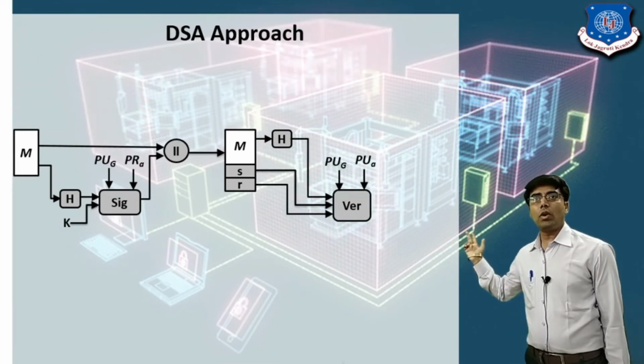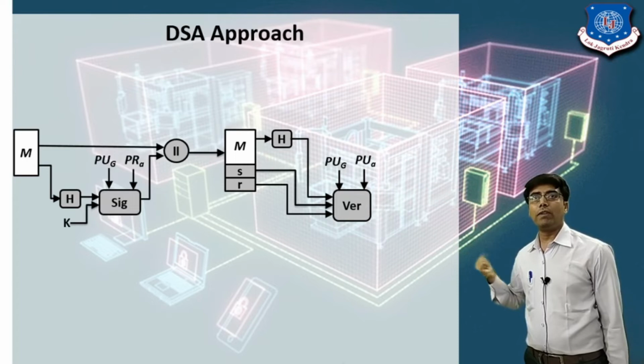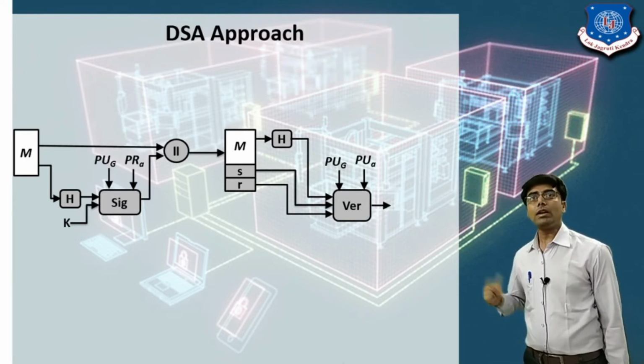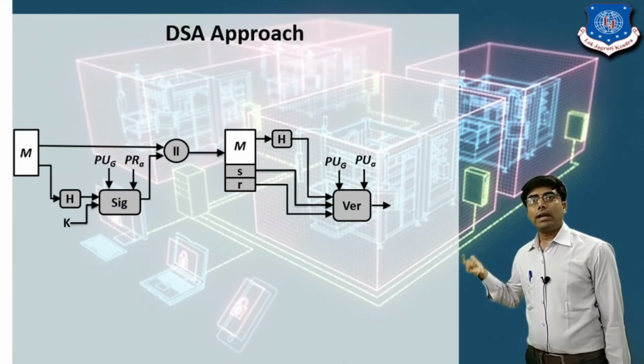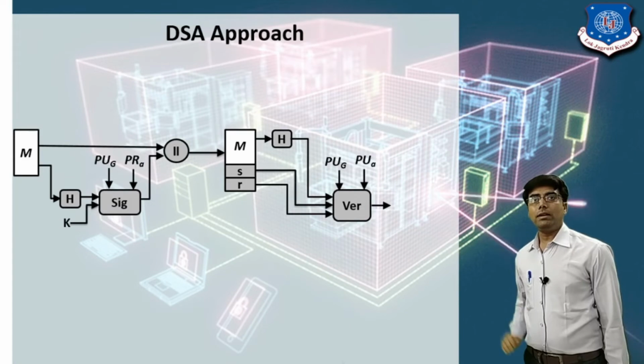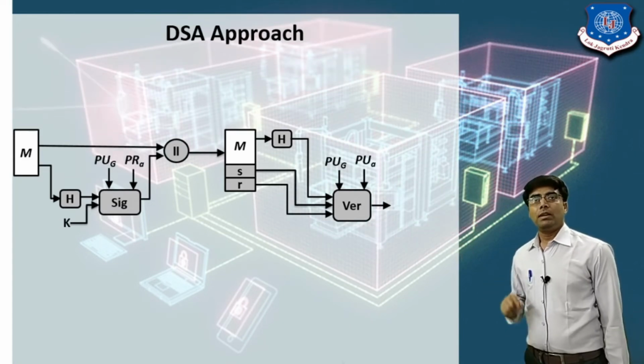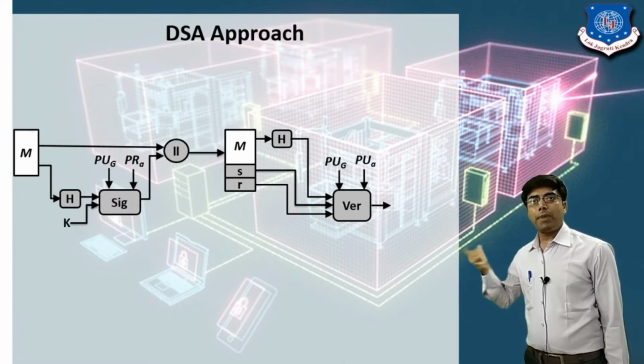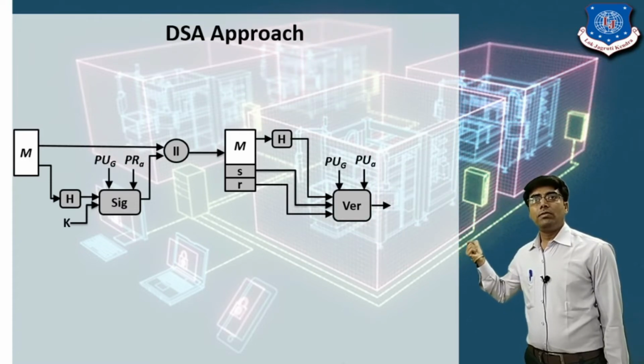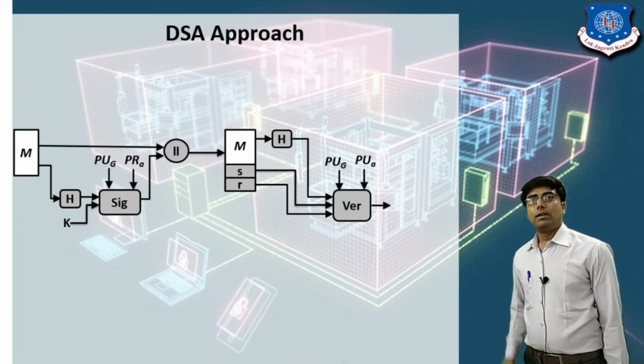The two signature components S and R are also input to the verification function. Again, the verification function depends on the public key of the sender and the public key component, which is paired with the sender's private key.